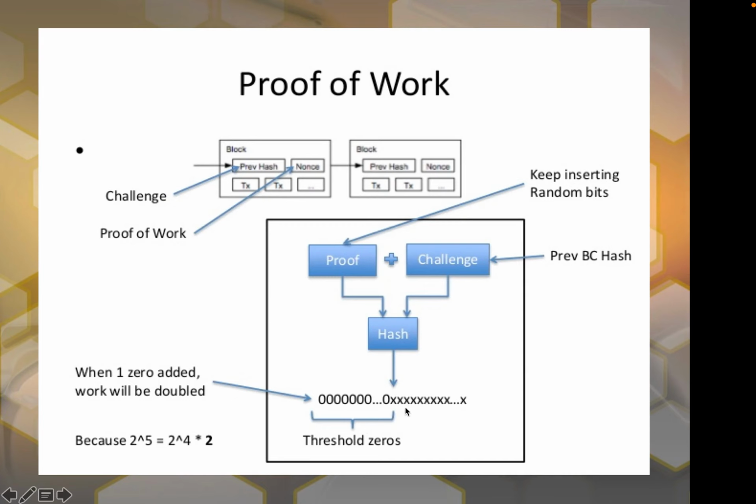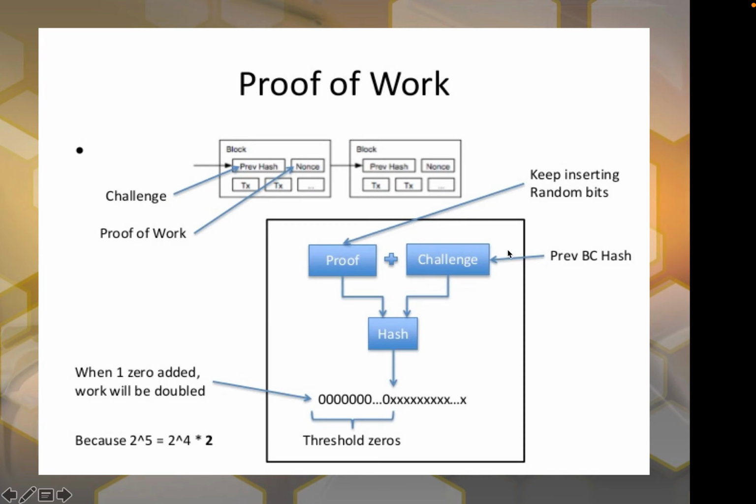Now it's like consecutive zeros. I believe it's like 19 consecutive zeros, something like that, in hex numbers. So as we can see, this proof is almost like a random number, right?